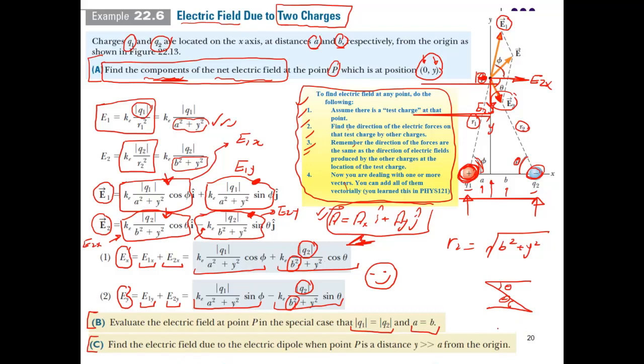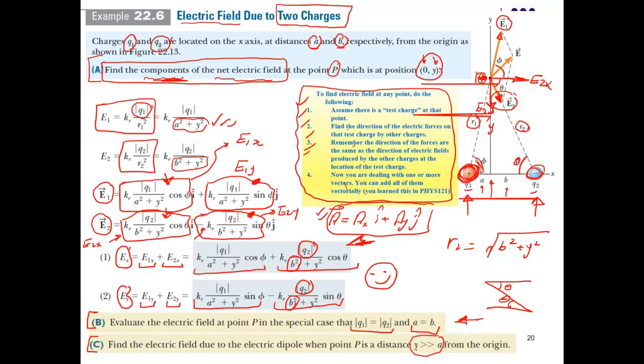So after you find the answer of B, C will come. So C depends on your answer of B. Find the electric field due to the electric dipole when point P is at a distance y much larger than A. Remember, if y is much larger than A, it means you could actually ignore A with respect to y.